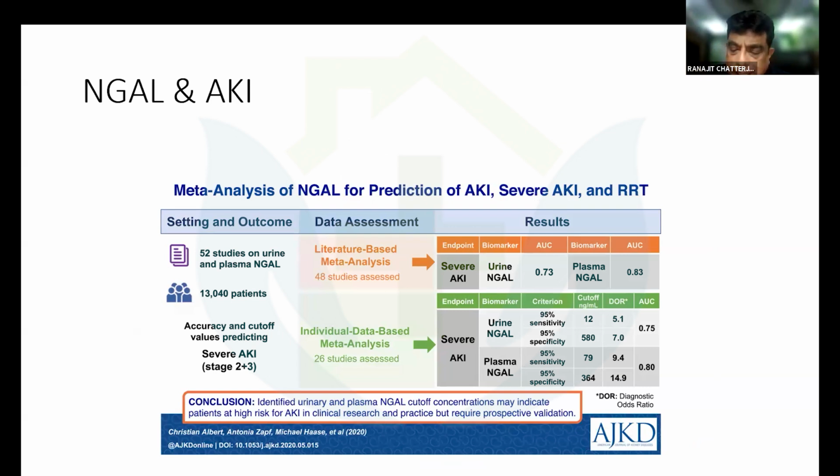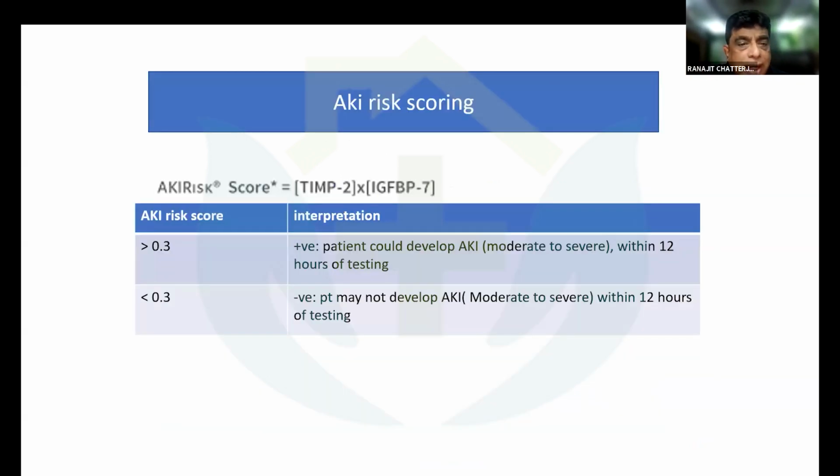So this is very important. NGAL, that is neutrophil gelatinase-associated lipocalin, is a 25 kDa protein which is secreted from the proximal tubular cells and also by the neutrophils. Very good marker for acute kidney injury.